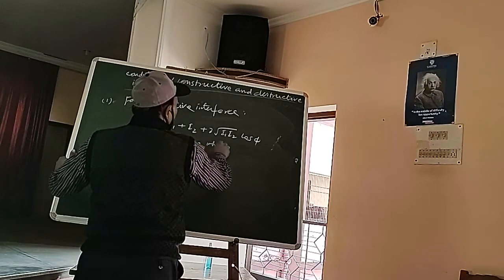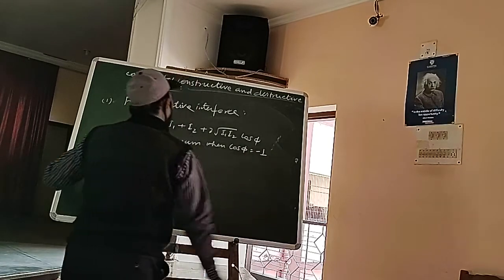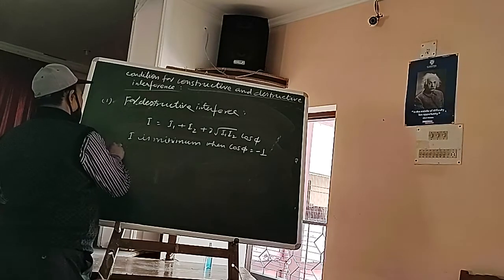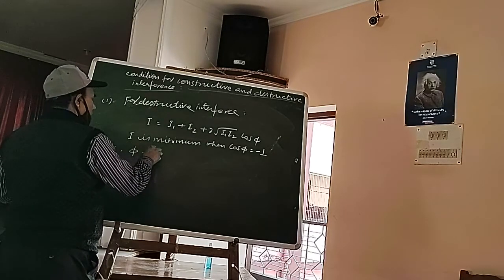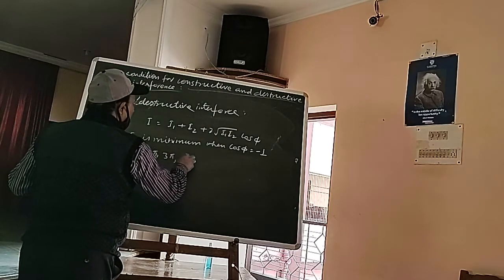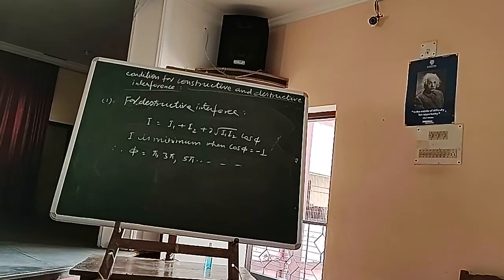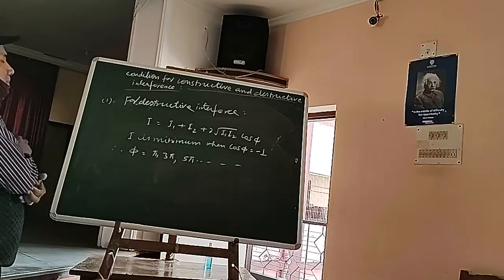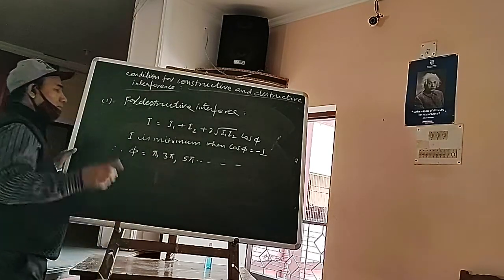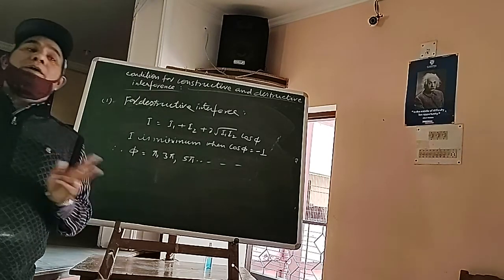And cos phi is -1. If cos phi is -1, therefore phi is equal to pi, 3 pi, 5 pi and so on. What is the relation between the phase difference and the path difference?